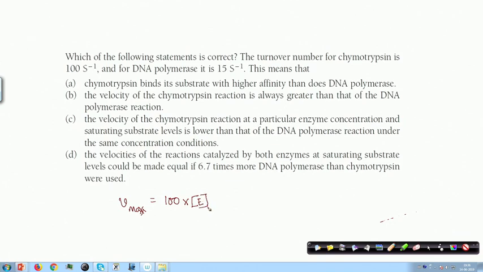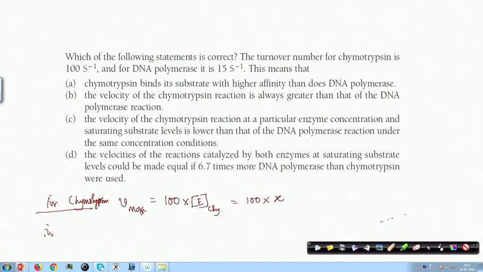Suppose for chymotrypsin, I call it X. X is the molarity of the enzyme, X amount of enzyme you are using. So, this is Vmax for chymotrypsin. So, that is the Vmax.